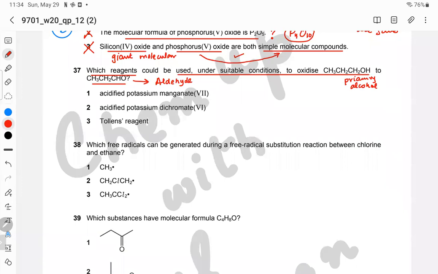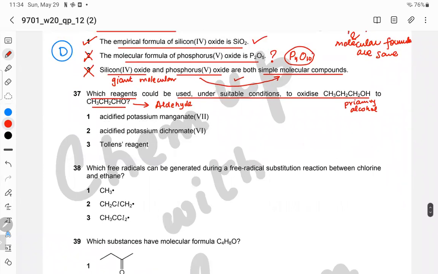So to make an aldehyde from a primary alcohol, which reagents can we use? We can use an oxidizing agent. All of them are oxidizing agents, but acidified potassium manganate(VII) and acidified dichromate can oxidize primary alcohol to aldehyde.